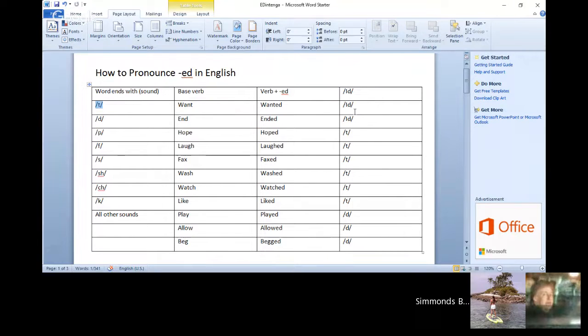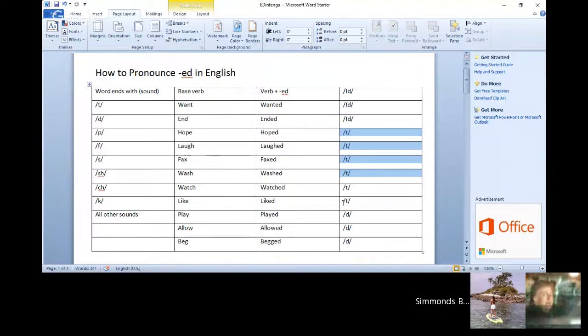Otherwise, if we say want, that doesn't sound good, okay? So that's why we need the id sound. All right. And this next one is the D sound at the end of the word. For example, end. Okay. And ended. Okay. Then the next one will start the T sounds.